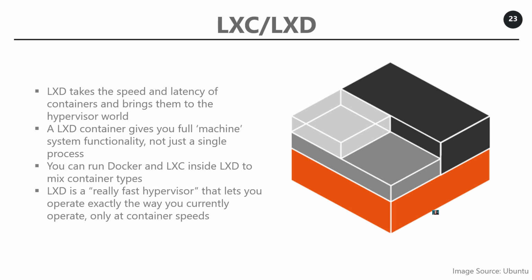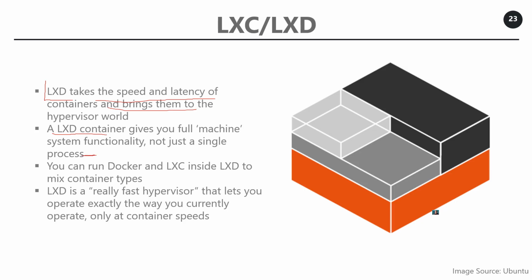Now, LXC, LXD. LXD takes the speed and latency of containers and brings them to the hypervisor world. An LXD container gives you full machine system functionality, not just a simple process.